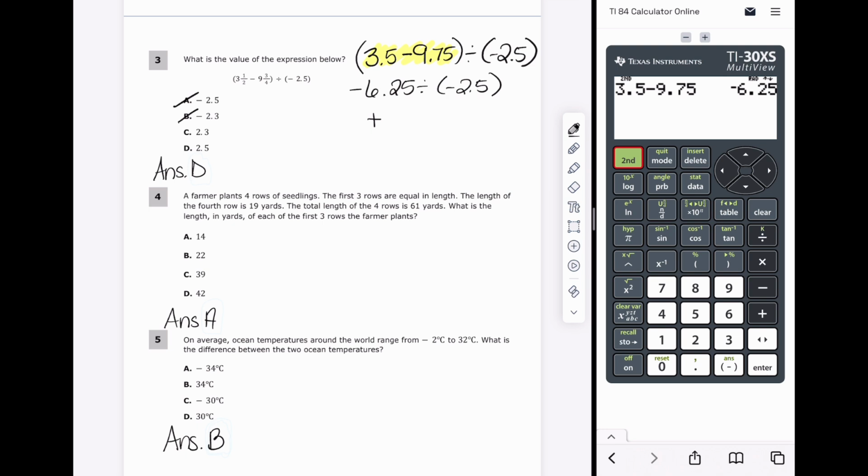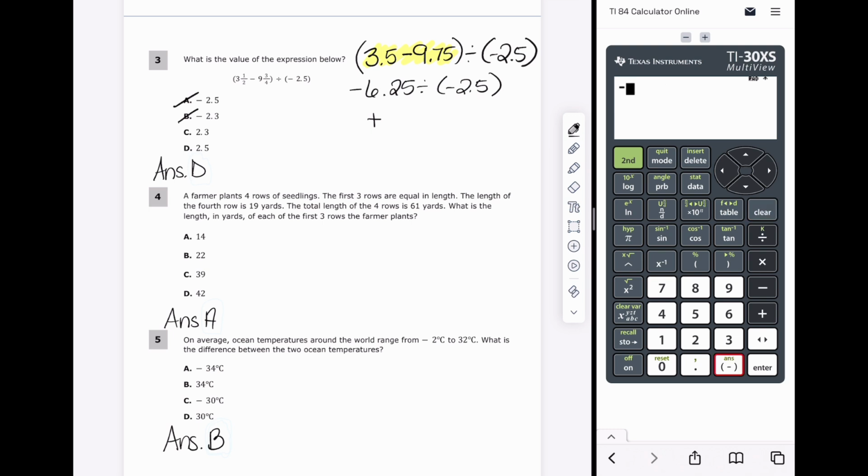A quick mistake that a lot of kids make is that they use the subtraction sign for a negative. Where it says answer, that's what that negative sign is. So you're going to have to hit second and then that little answer to get that negative part. Oh, there it is. I just hit it.